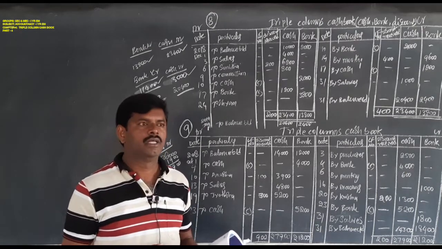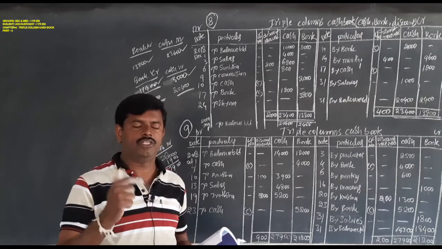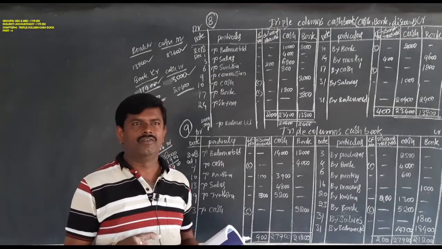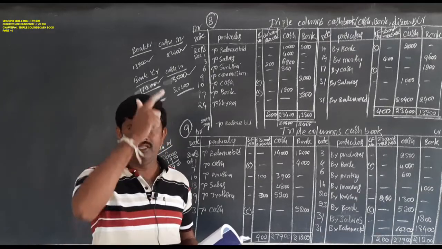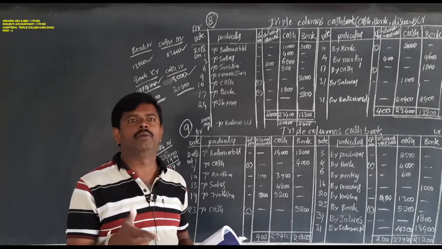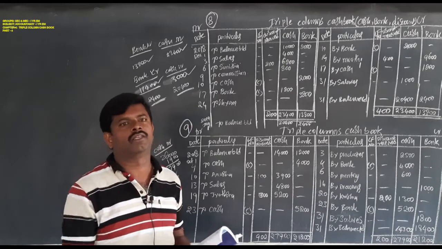Why? Because a check is received one day and deposited the next day. There is a link. When you read the problem thoroughly from first to last, then only we get the information: what is the interlink between one transaction and another?